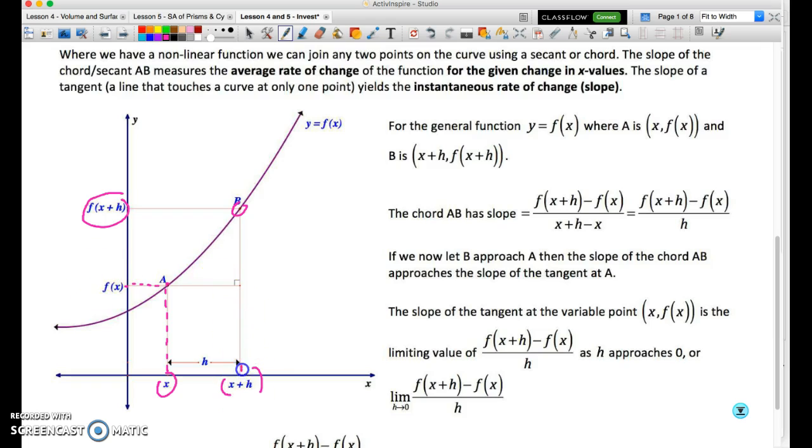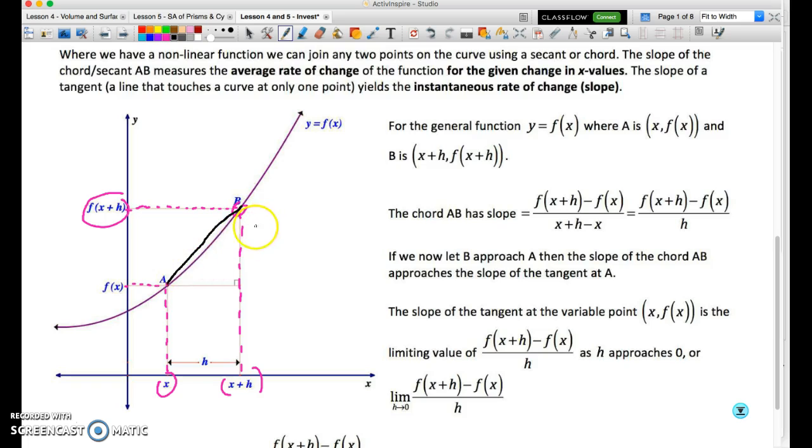Okay, so if I substitute in this value x plus h, where x and h in this particular case are being represented by positive real numbers, then I'm going to get the corresponding y value f of x plus h. What I'm basically going to do now is, if I were to join those 2 points, they would be joined with something called a chord or a secant.